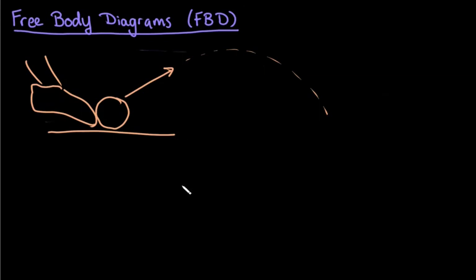All right, welcome back. Let's go ahead and draw our free body diagram in this case. So I'm going to draw my dot to represent the ball. I'm going to start off with the force that always is acting on objects on Earth, and that is the force of gravity, and that is pulling straight down. Now, this is still on the ground, so I technically have a normal force acting on the ball as well.